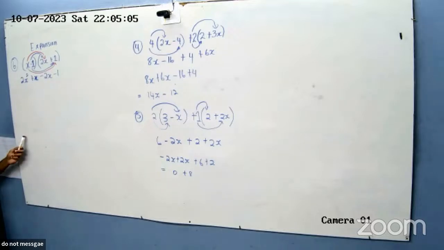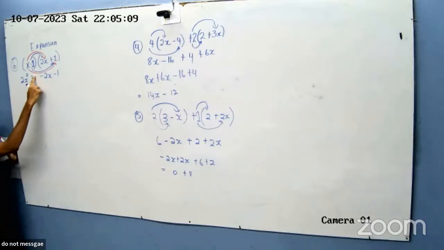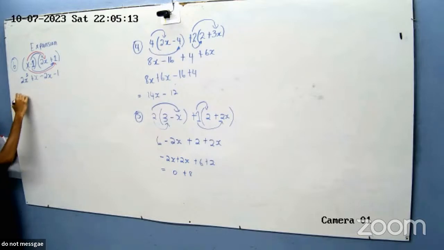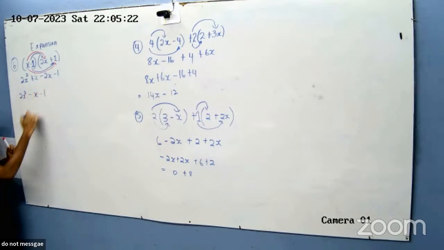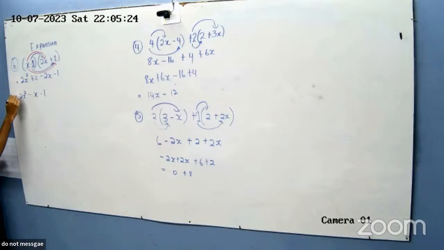You understand this? Same thing, you group your like terms together. You write back 2x squared, and you remain with minus x minus 1. Okay, do we want another? I could do another one.